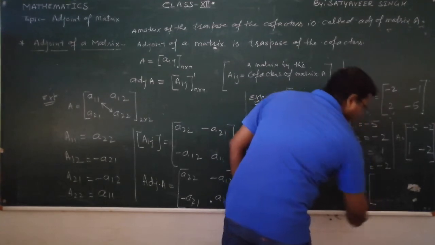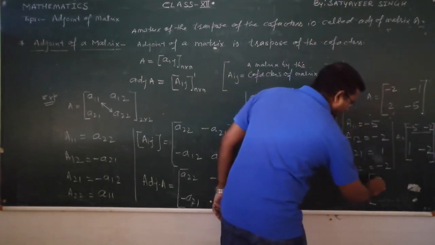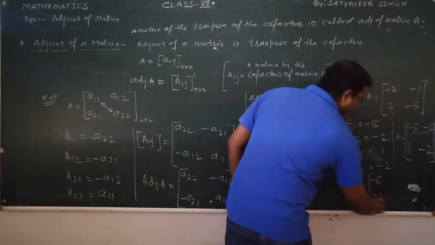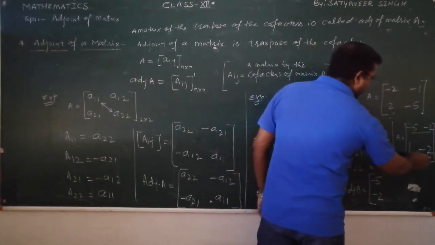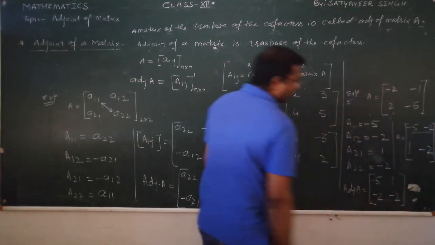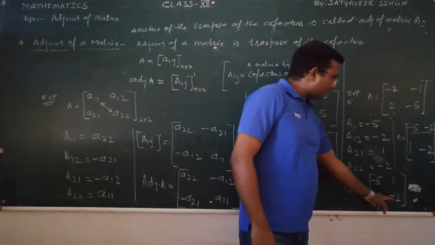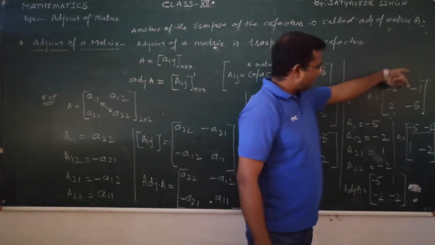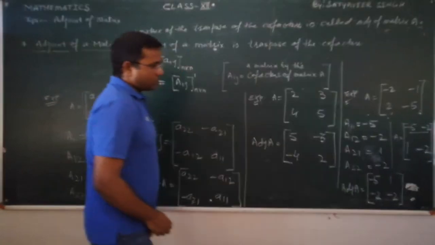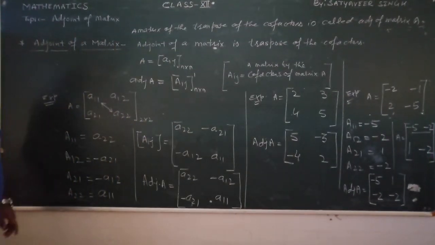This row I will convert into C1, so minus 5, minus 2. This I will convert into C2, 1, minus 2. See now what happens? These two terms interchange, and the sign of these two terms changes into the opposite sign. So it is absolutely correct, the adjoint of the matrix A.